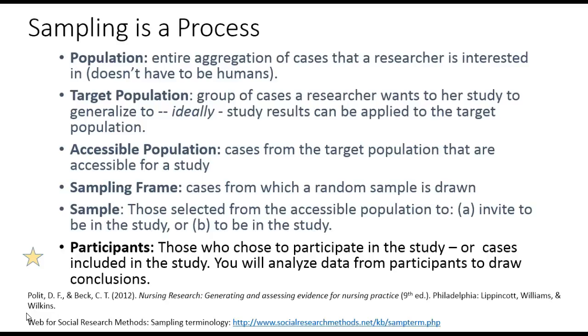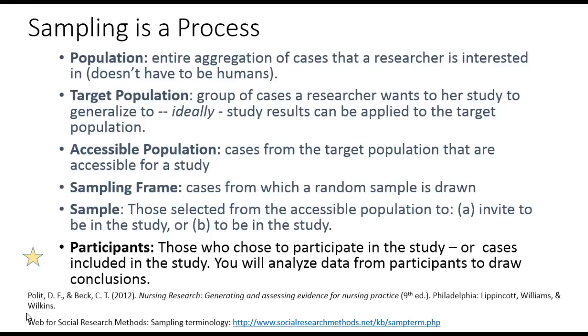What's important about random sampling is that everybody in that sampling frame, everybody in that accessible population, has an equal chance of being in the study. It's thought of as a gold standard, as a method to obtain a representative sample that has less bias, because, once again, everybody in that list has an equal chance of being in the sample.